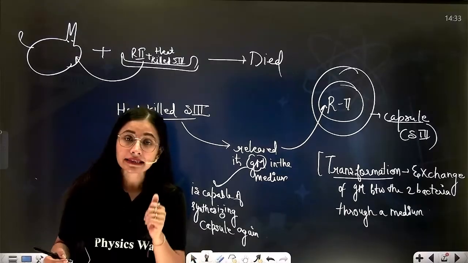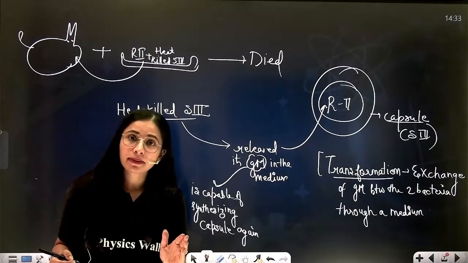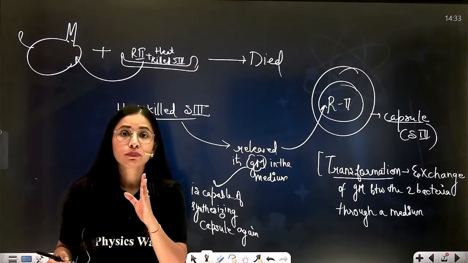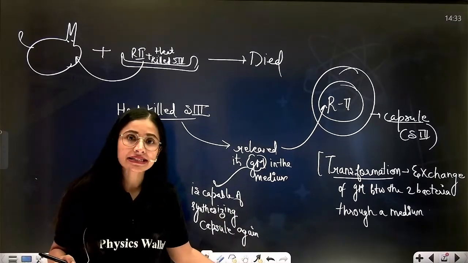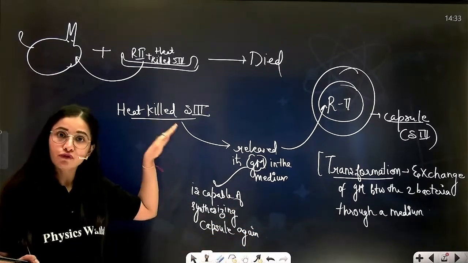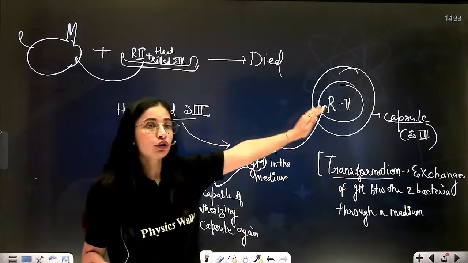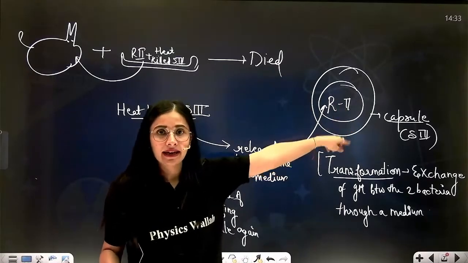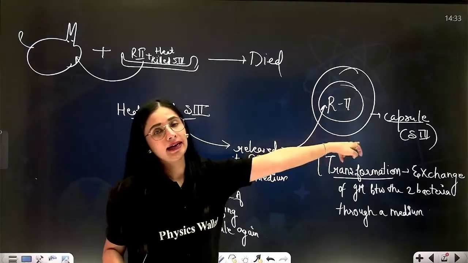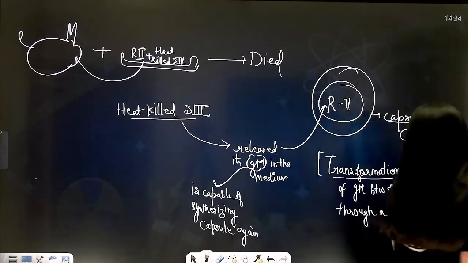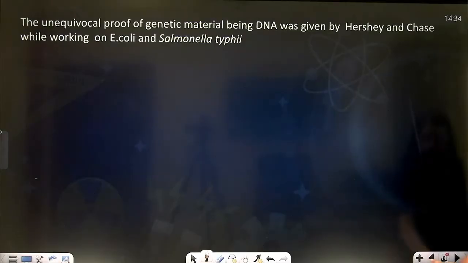So later on, the same experiment was repeated by 3 different scientists to prove that DNA is the genetic material that is being transferred from heat-killed S3 to R2, and R2 by gaining that DNA makes the capsule and again becomes virulent. Clear?